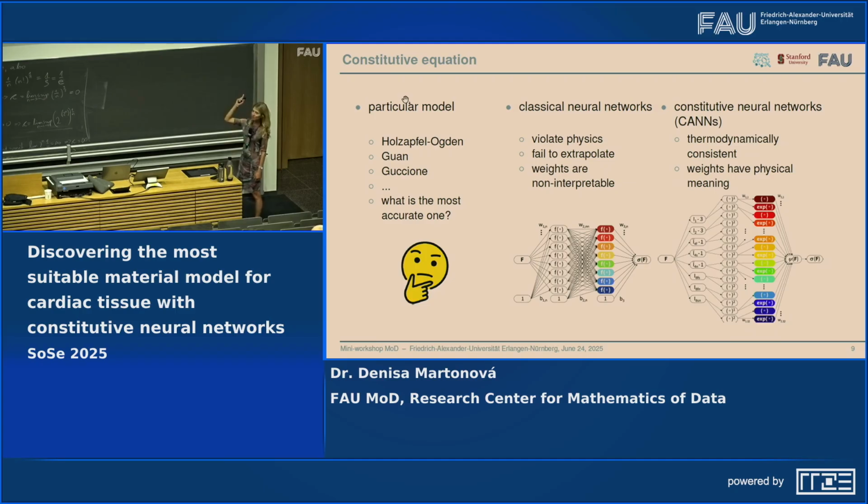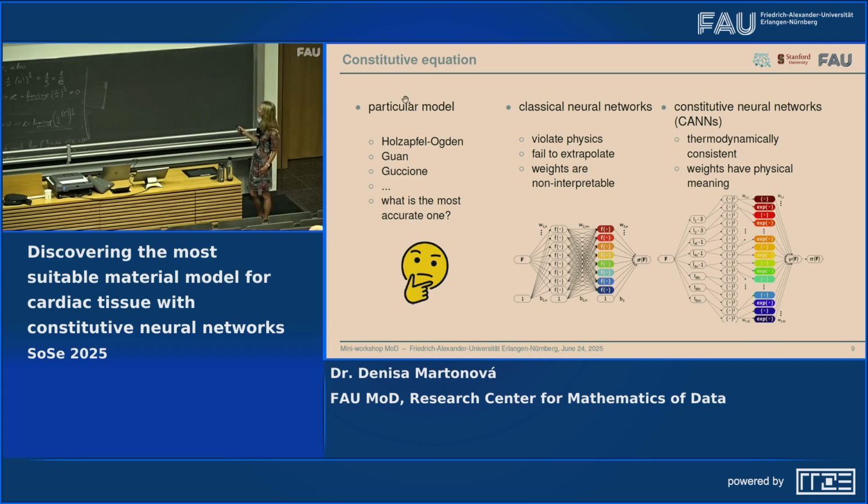The third option would be to use physics-informed neural networks or constitutive neural networks, which already hardwire physics into the architecture, so that they are thermodynamically consistent and the weights have meaningful interpretations.